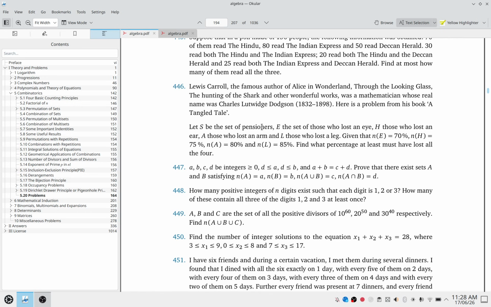Let S be the set of pensioners, E the set of those who lost an eye, H those who lost an ear, A those who lost an arm, and L those who lost a leg. Given n(E) is 70%, n(H) is 75%, n(A) is 80%, n(L) is 85%. Find what percentage at least must have lost all the four.